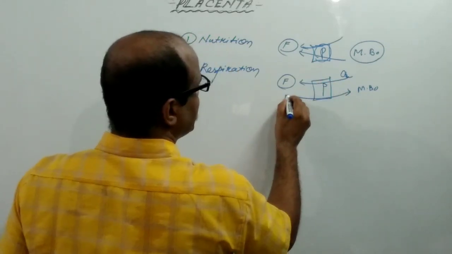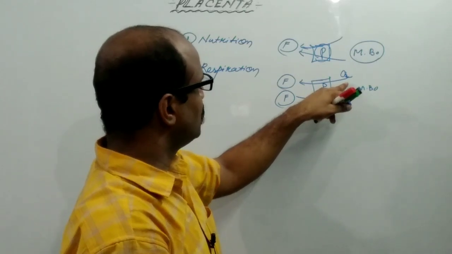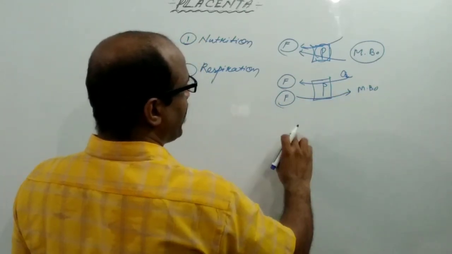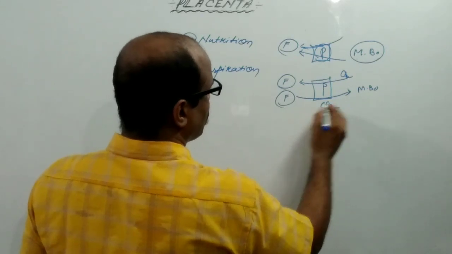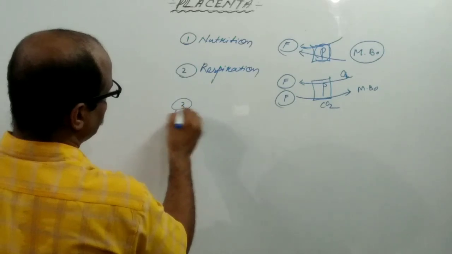So the fetus gets oxygen, which passes from the mother's body to the fetus, and carbon dioxide passes from the fetus to the mother's body through the placenta. Another function is excretion.